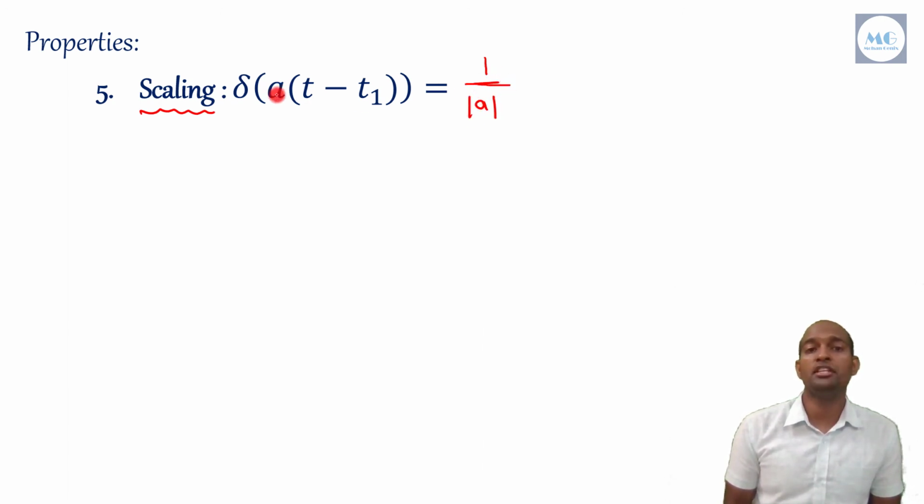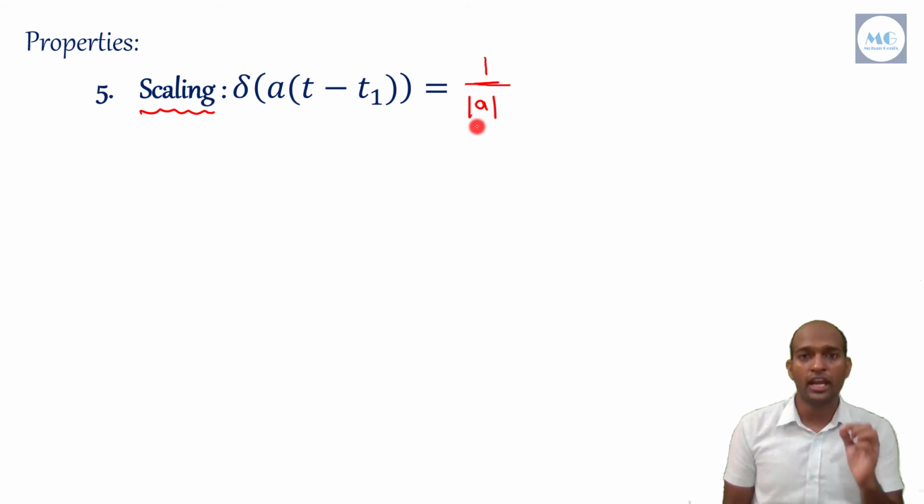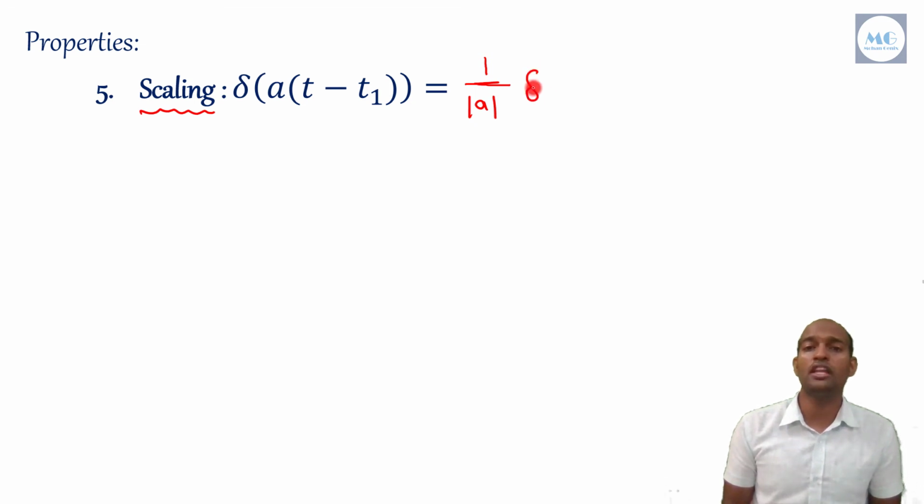If value of this a is negative, then it will become positive after removal of this mod. That's why I have written mod a. Don't forget it. I am telling again and again, students usually make mistakes here. So it will become 1 by mod a δ(t minus t1).